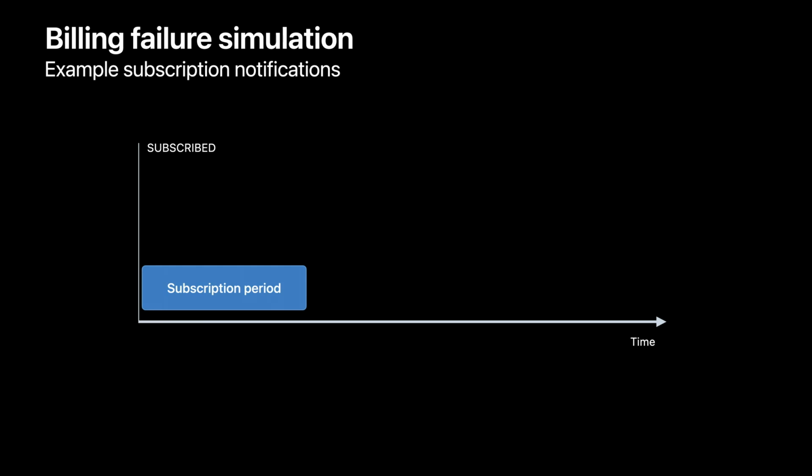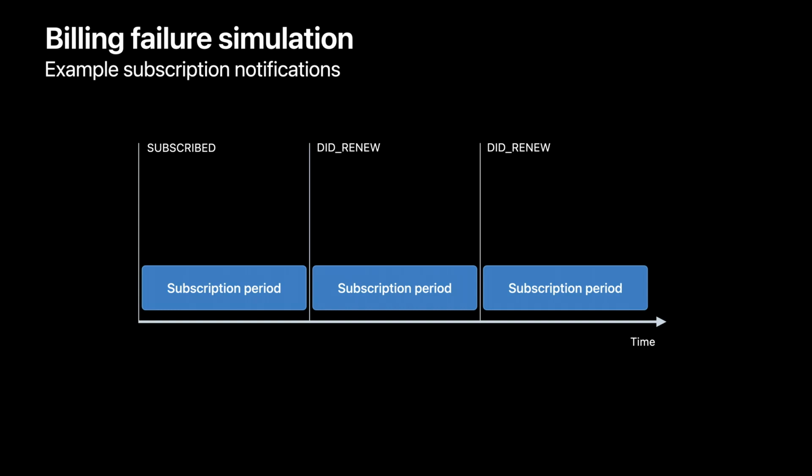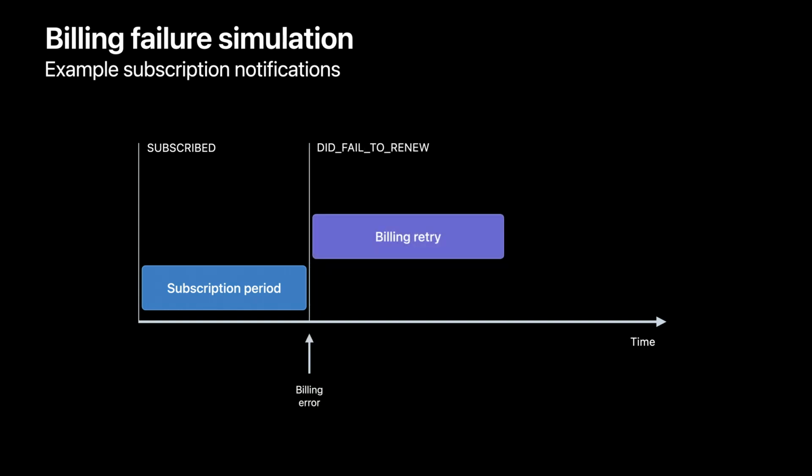Let's review the subscription lifecycle. When you purchase an auto-renewing subscription in Sandbox, you already receive v2 notifications, like subscribed and did renew. When you test failed in-app purchase attempts for an account with an active subscription, the next renewal will fall into billing retry state. You'll now receive billing retry notifications in Sandbox, like did fail to renew.